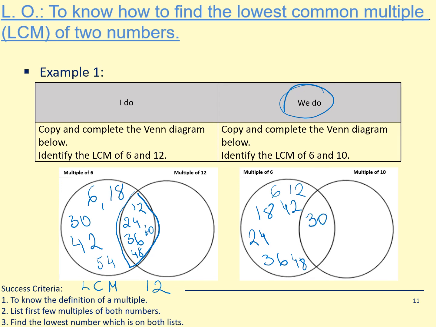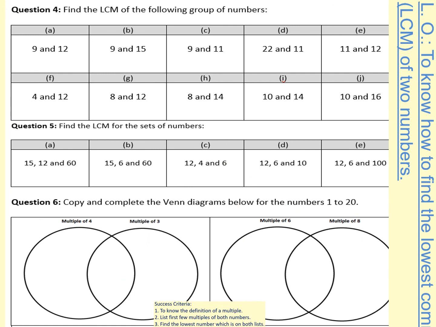If you have not made a mistake like me, well done. Okay, so in this circle we have multiples of 10, so it's 10, 20, 30 is already in the intersection, 40 and 50, and I'm going to stop at that. So the lowest common multiple is 30.